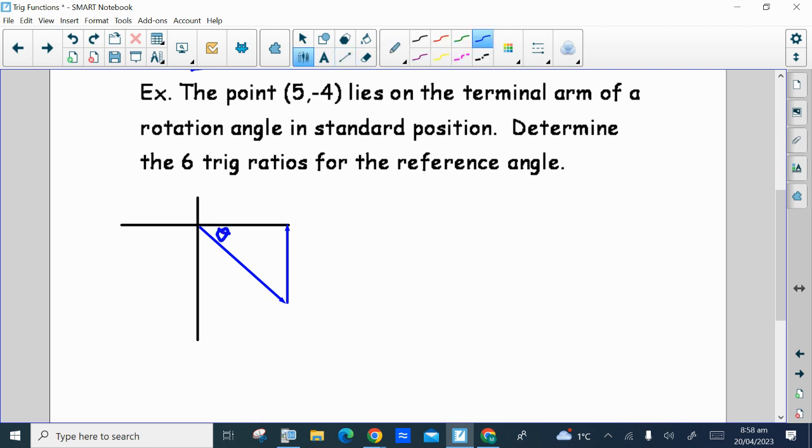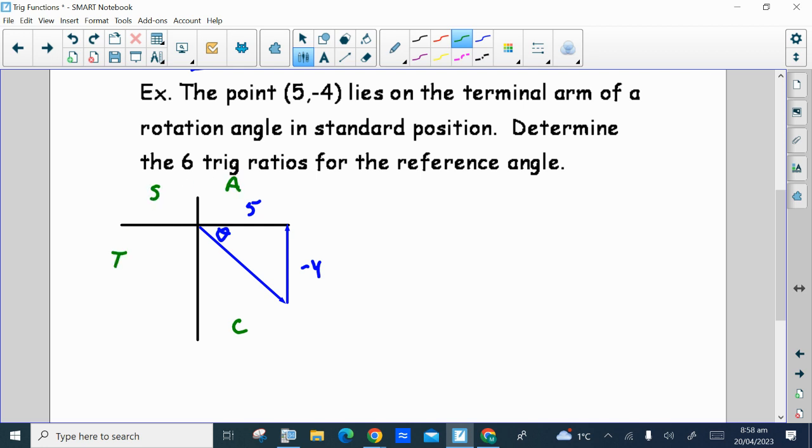Theta, the reference angle, is always between the terminal arm and the x-axis. And in this case, we went 5 units to the right and 4 units down. So even though distance can't be negative, we put the negative there so that our CAST rule works.